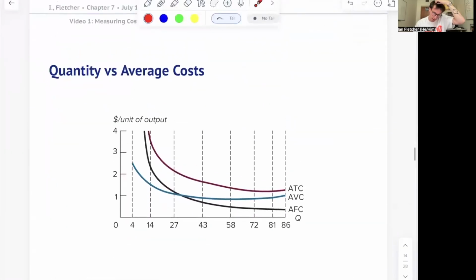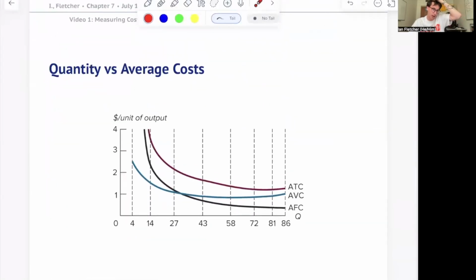So now if we're thinking quantity over average costs, we can think about this. If we're throwing quantity this way, and this is just a zoomed in picture from before, our AFC is constantly declining. We'll never pick back up. Our AVC, on the other hand, starts to have this slight pick back up right at the end.